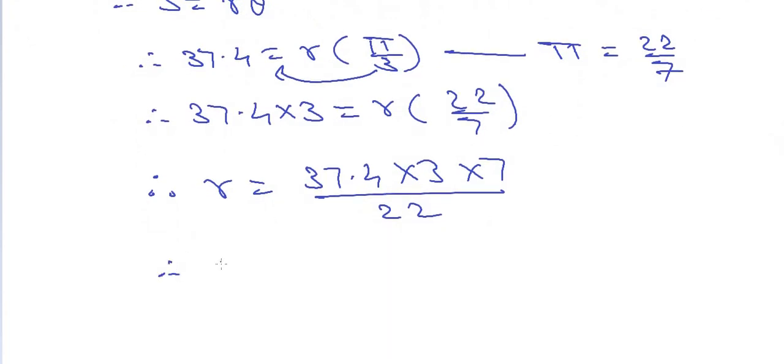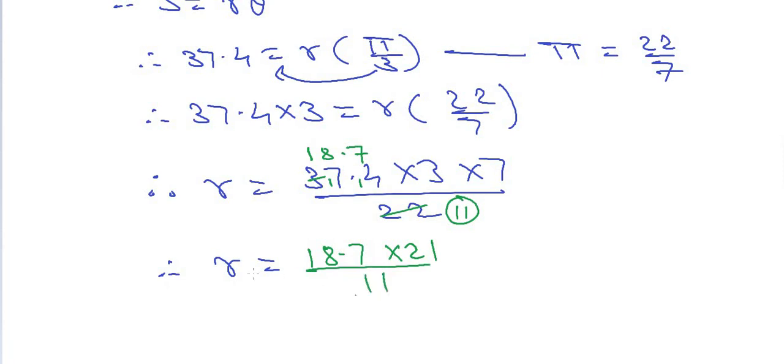And therefore we can write R is equal to 11 into 22, 2 ones are 2, 3 minus 2 is 1, 2 eights are 16, and 2 sevens are 14. So this is 18.7 into 21 divided by 11.